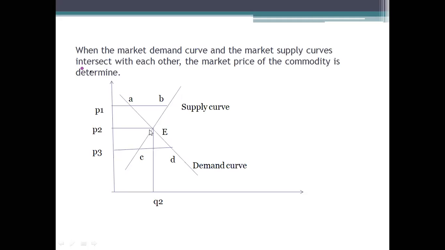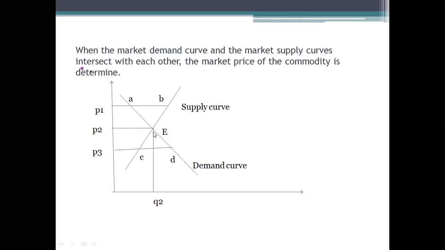So price is determined later on the basis of the intersecting point of demand and supply. Similarly, from this point, we have to determine price now. At this price, what amount of quantity is demanded or what amount of supply is supplied in the market?